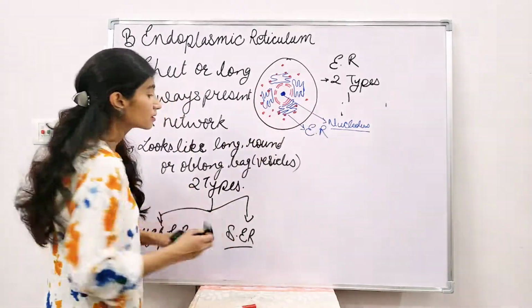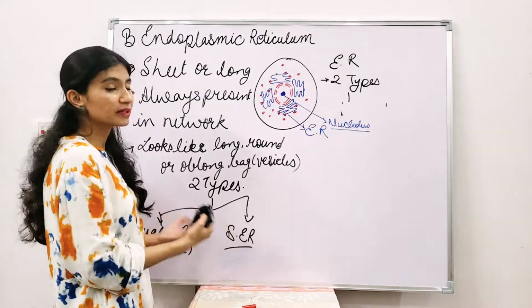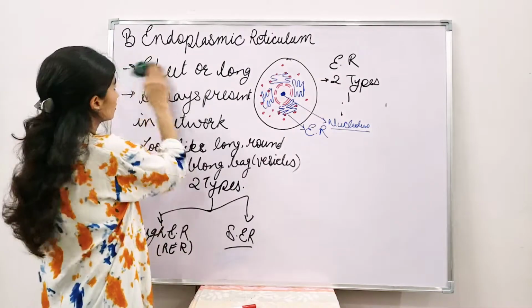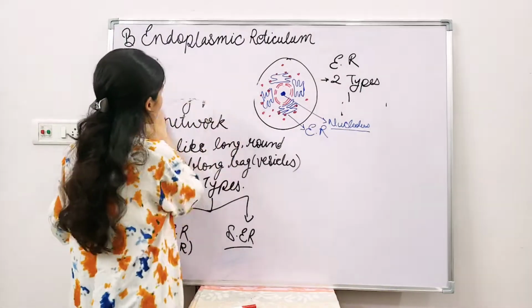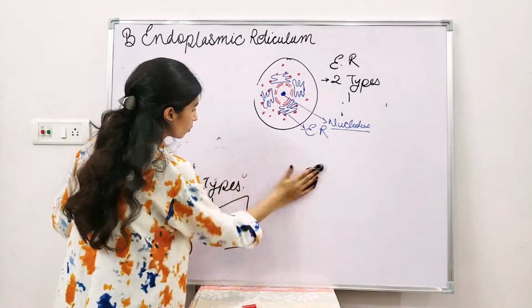Now we'll discuss the different properties and how these two types of endoplasmic reticulum are involved in different cellular functions. We'll use the diagram so that we can understand the whole thing.